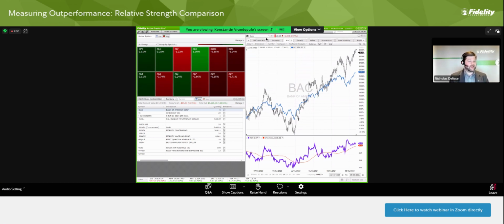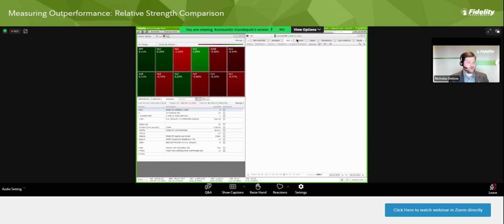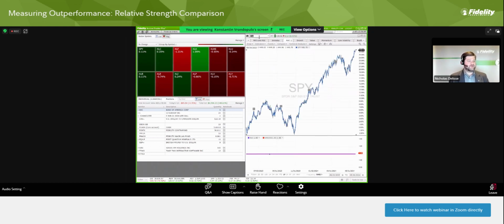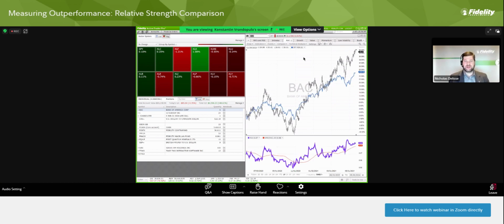Now, I know Constantine has Bank of America pulled up. If you're starting to look at one individual security, we can look at Bank of America versus the S&P 500. But what might be more apt is to compare this to other similar securities.